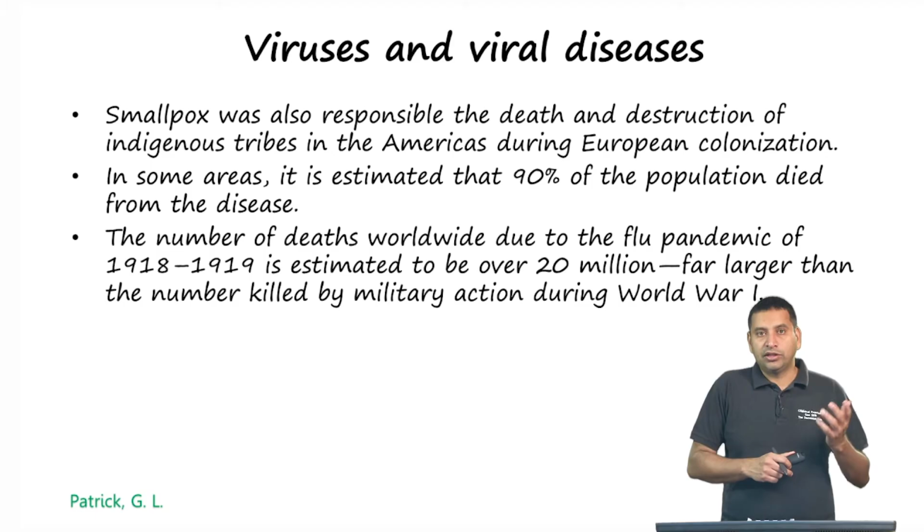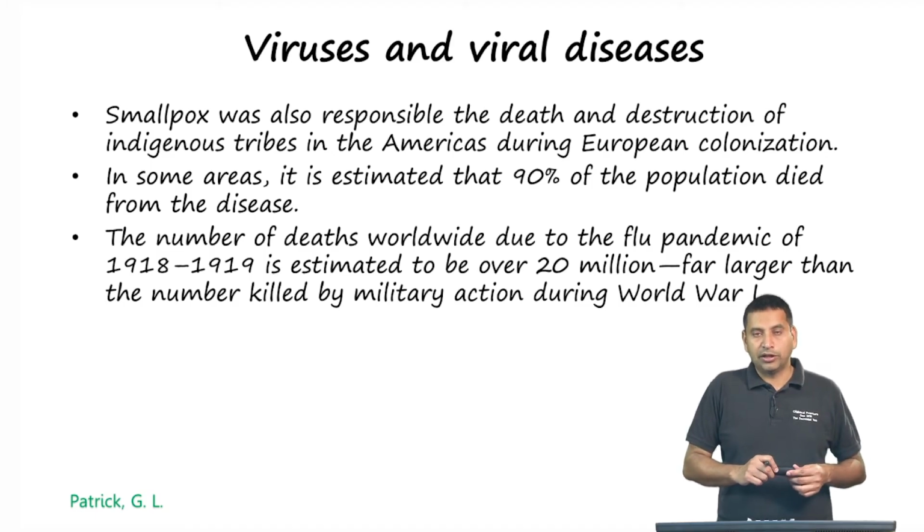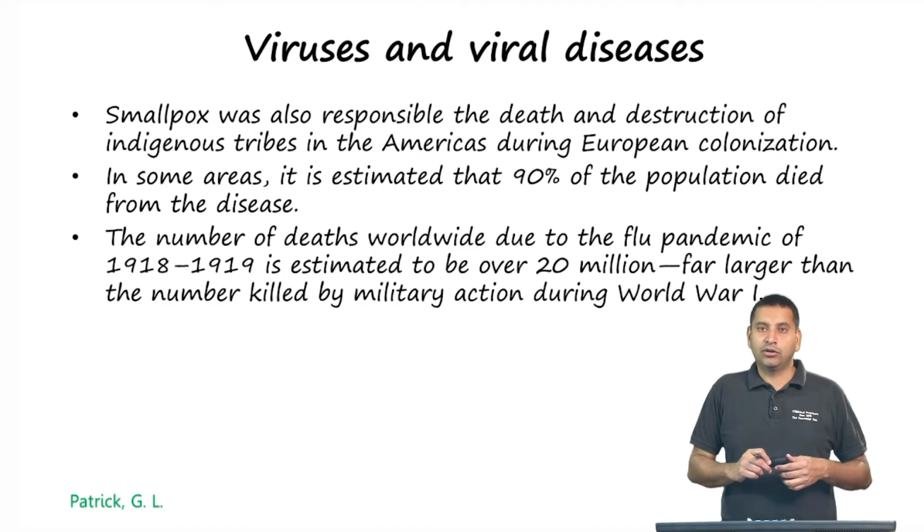Especially in South America, smallpox was not prevalent, and when the colonization by Europeans occurred, there was a lot of death and destruction because this virus was transmitted to the population. In some areas, it is estimated that 90% of the population died from this disease.